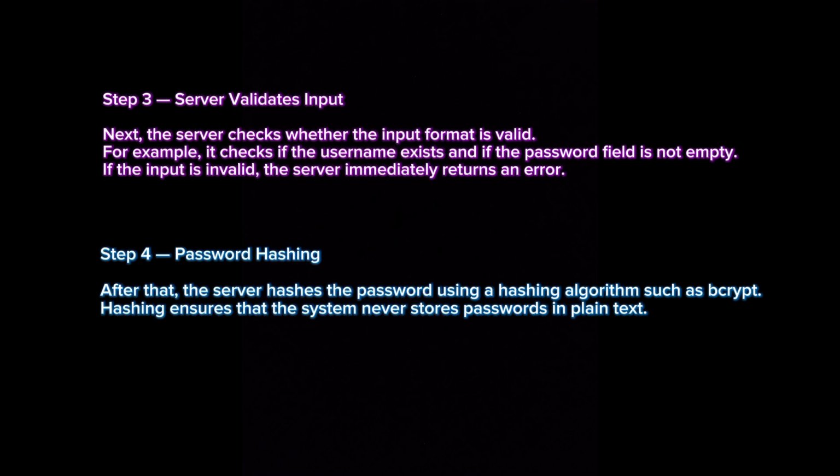Next, the server checks whether the input format is valid. For example, it checks if the username exists and if the password field is not empty. If the input is invalid, the server immediately returns an error.